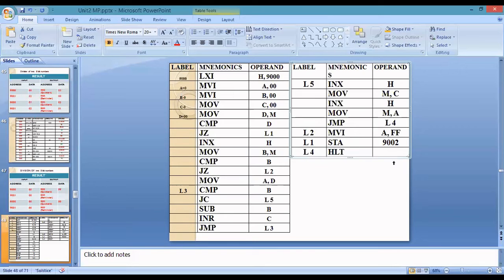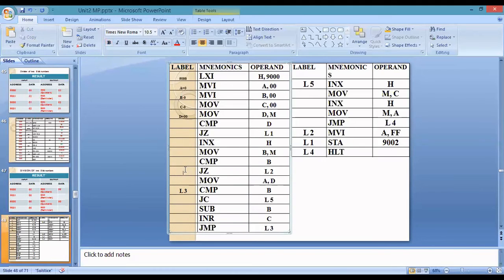It is 0, so it will be stored in memory location 9002. So if the first number is a non-zero number and the second number is 0, your answer will be FF. And if the first number is 0 and the second number is anything, your result will automatically be 0. So this is the new thing.